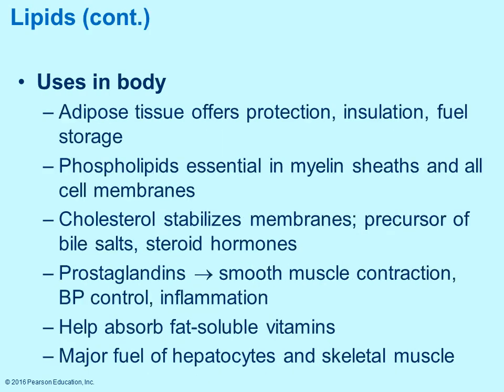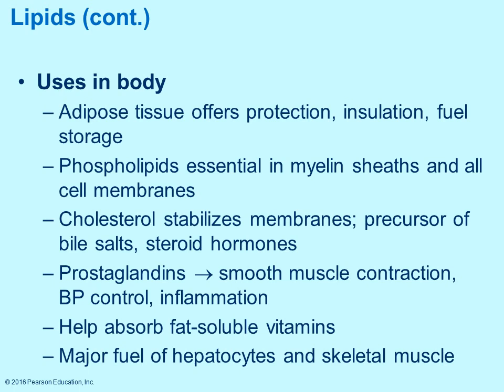What are the lipids used for in the body? Adipose tissue offers a lot of insulation. It provides that storage for fuel, it adds protection. Phospholipids are necessary in the production of the myelin sheaths around your axons. Phospholipids are also one of the major components of any of your membranes, including the cell or plasma membrane.